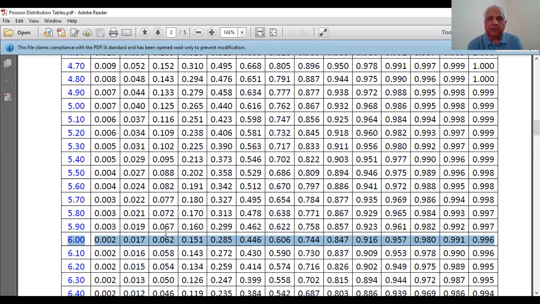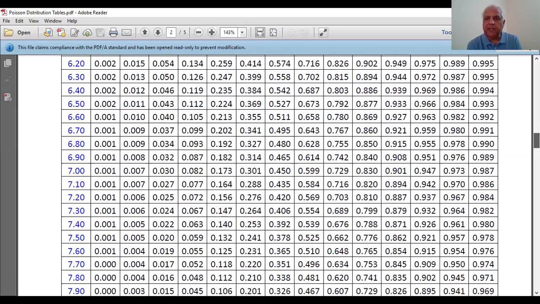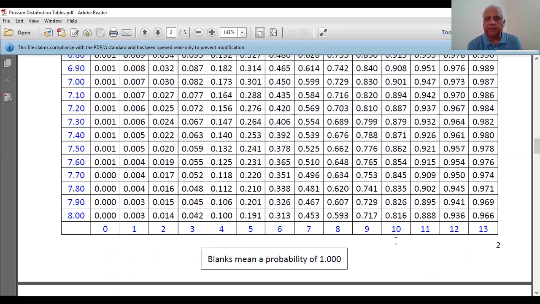What column is this? This is for 0, 1, 2, 3, 4, 5, 6, 7, 8, 9, 10. Or let's go up and find out if this indeed is 10. 0.957, yes, it is 10. So C is equal to 10.